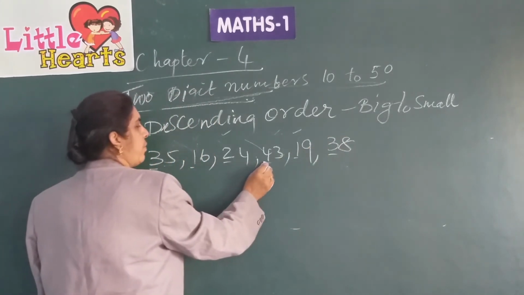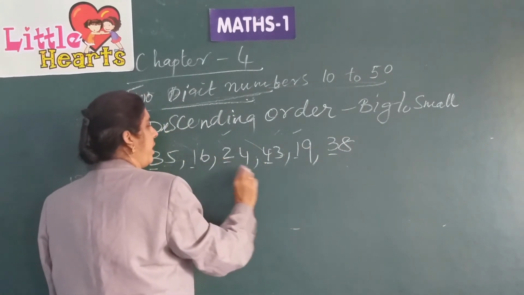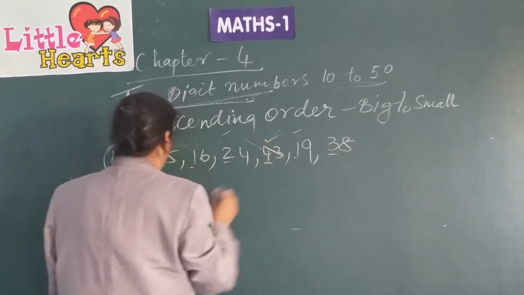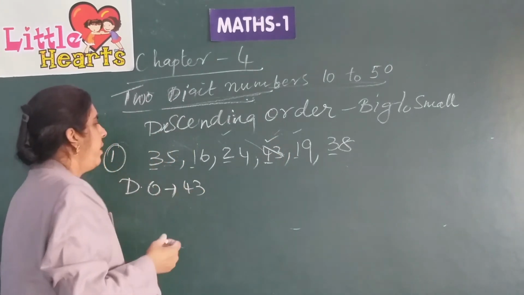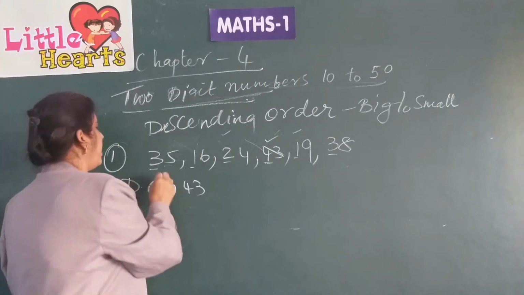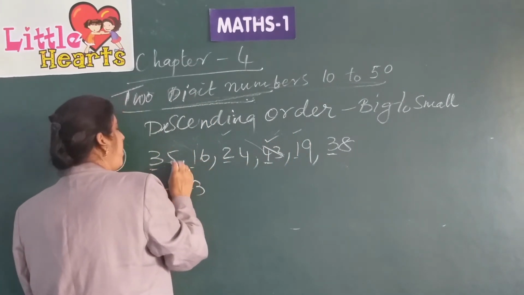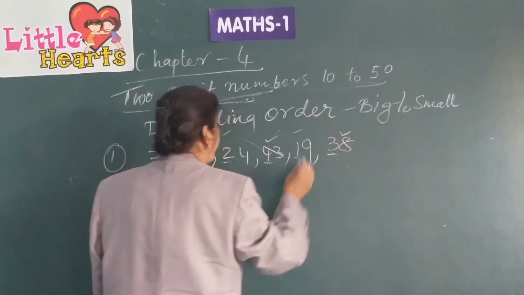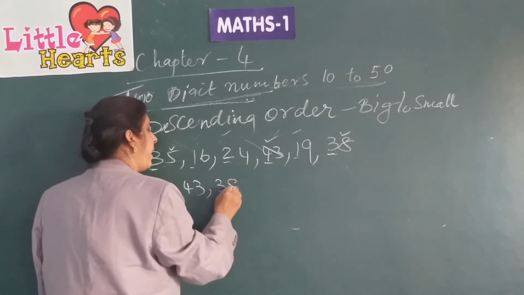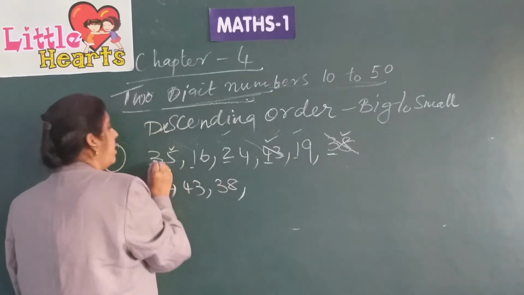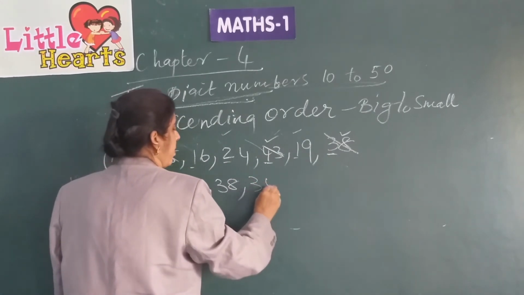So it has 4 in the tens place of all these. It is the biggest number, 43. Next, check with 3 in the tens place. Now check with the ones place, 5 and 8, which is big? 8. Next comes 38. Next comes 35.